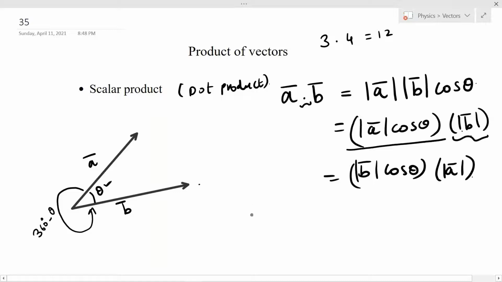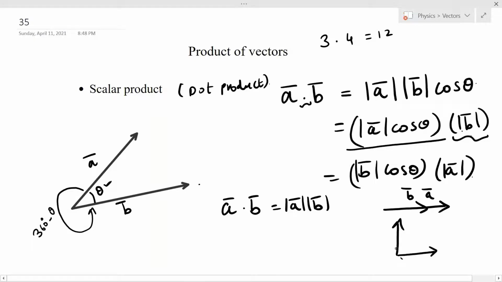So it will be maximum when theta is equal to 0, because cos 0 is 1 and which is maximum, that is a bar dot b bar will be maximum when cos theta is 1. This happens when the two vectors a bar and b bar are pointing in the same direction. Suppose if the two vectors point perpendicular to each other, so this is b bar and this is a bar vector.